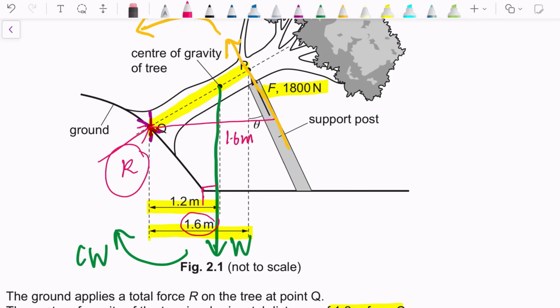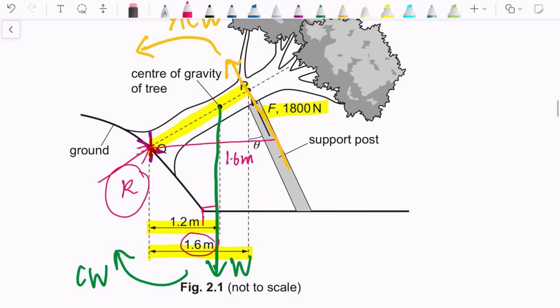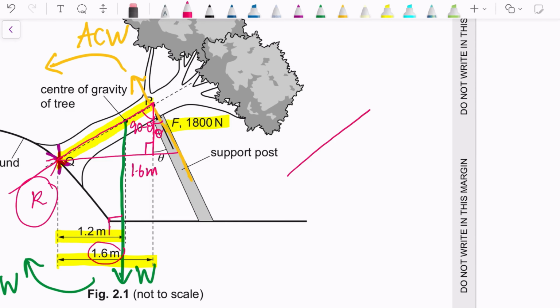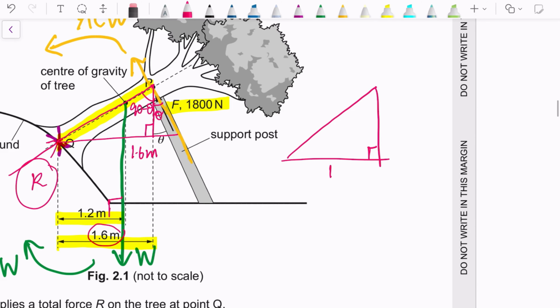So if I draw a line here, we have a 90-degree triangle here. If this is theta here, this would be 90 minus theta. Let me draw the triangle at the side here so it's clearer to see. This is a 90-degree angle, 1.6 meters.